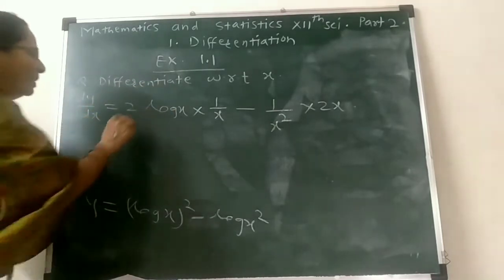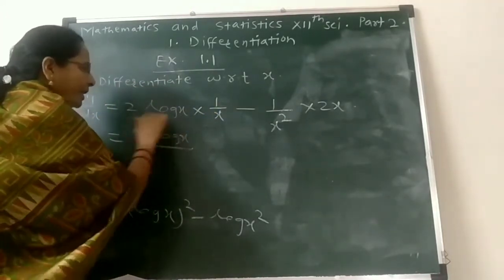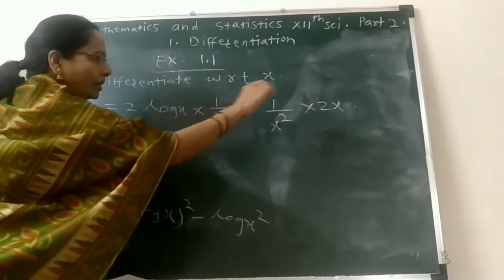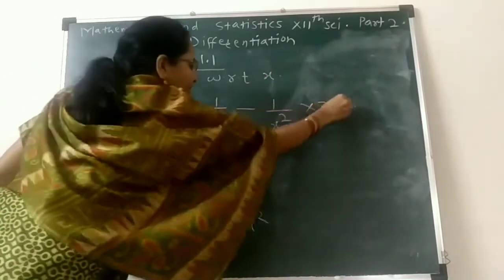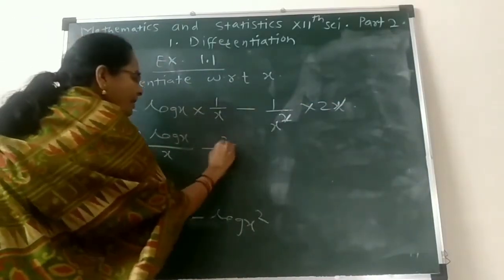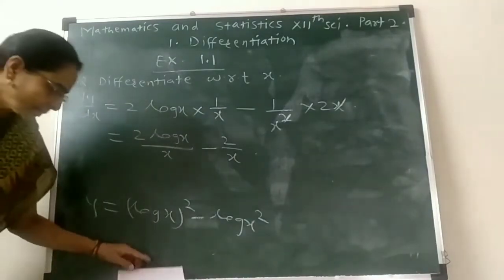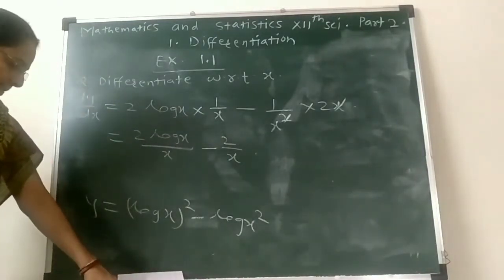In the numerator 2 log x, denominator x, in the numerator x gets cancelled, minus 2 upon x. This is the answer: 2 log x upon x minus 2.